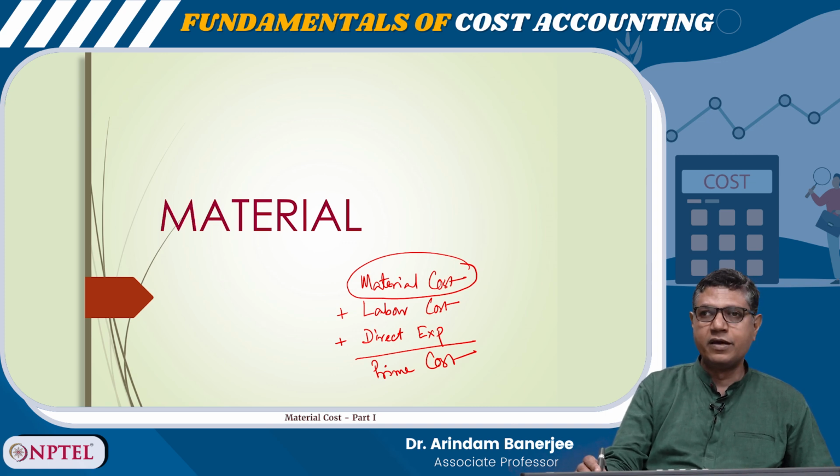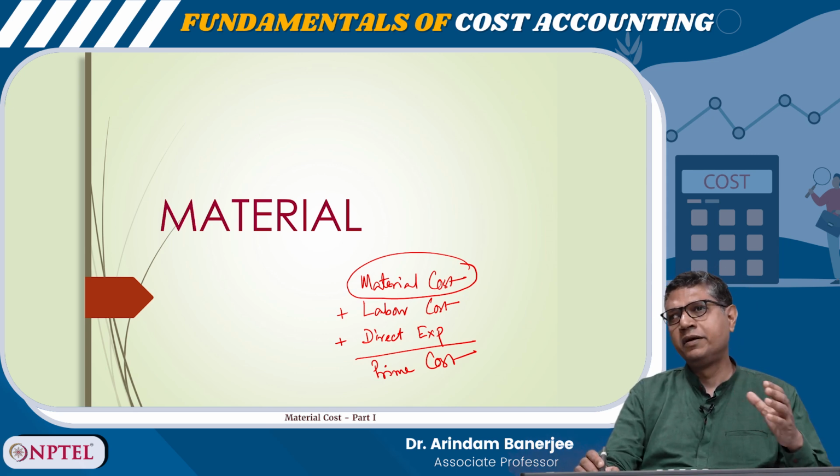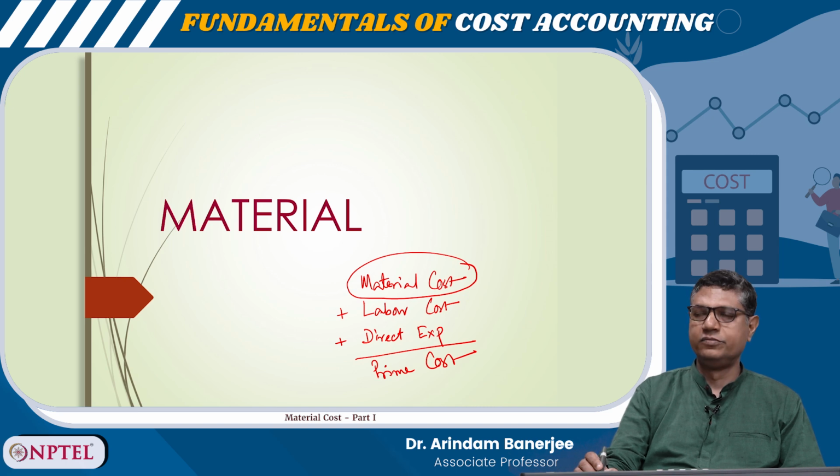We will also explore a third issue: when the inventory comes to the store, how we can calculate the inventory value, and what methods we can use for calculating the inventory value.